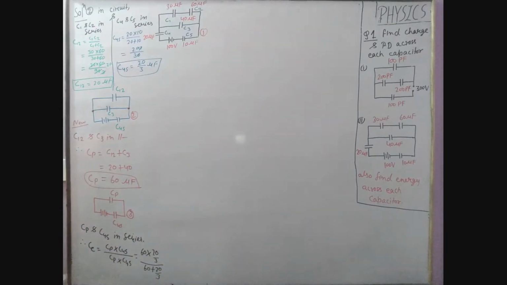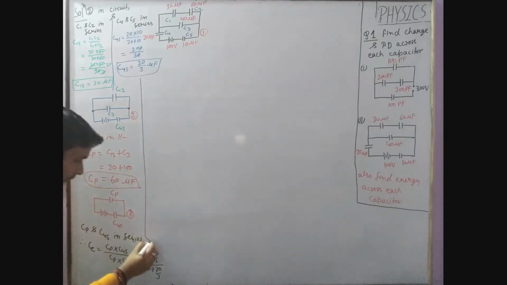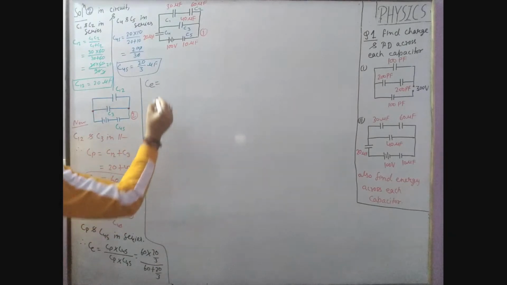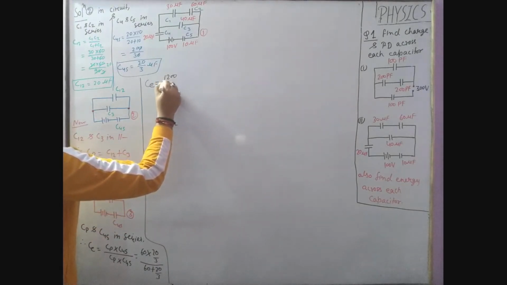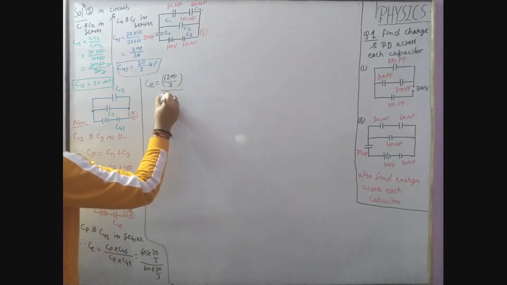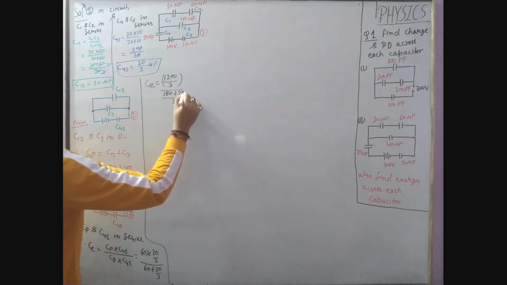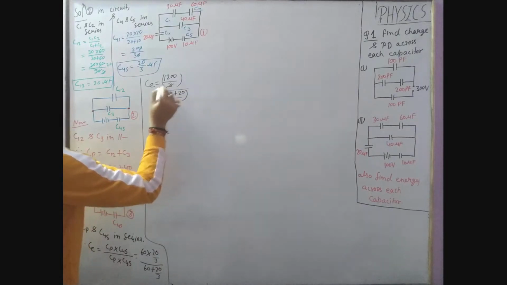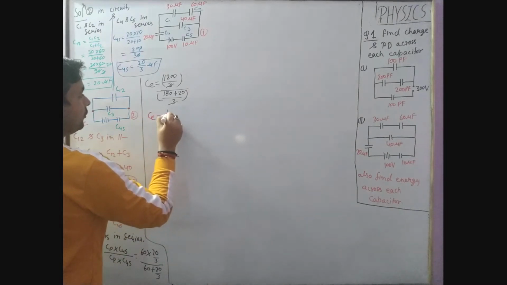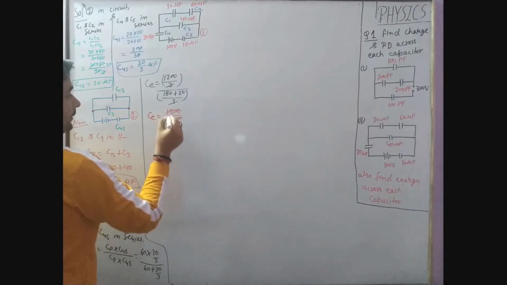Okay. Now by taking LCM, C equivalent is equal to 1200 by 3 upon this 3 multiply 180 will become 180 plus 20 by 3. This 3 cancel and we get C equivalent is equal to 1200 upon 200, which cancel by this 6 time.